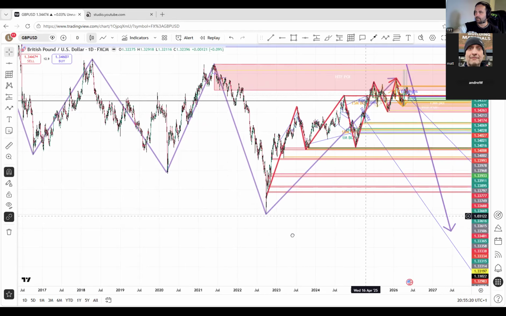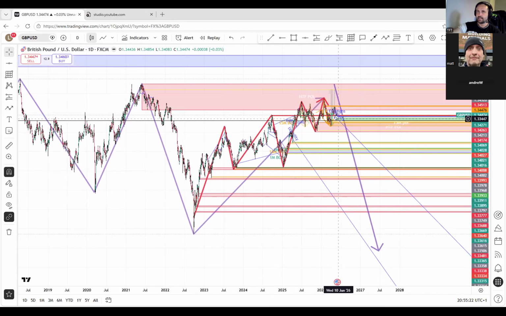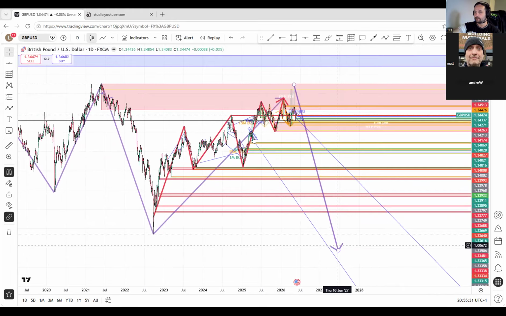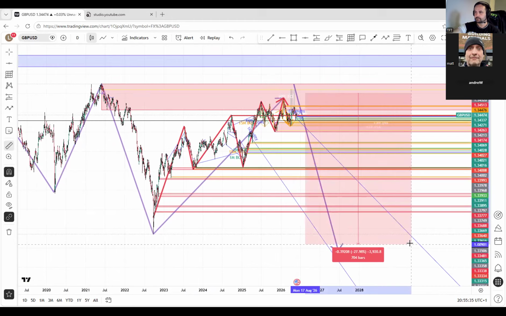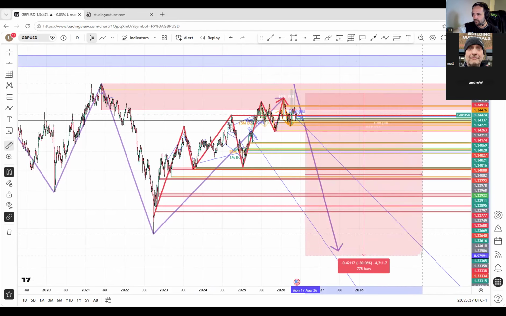This is one of the reasons why I think the pound is at its high for now, and over the next however long that is, it'll decline or whatever, say if it does it in that time.